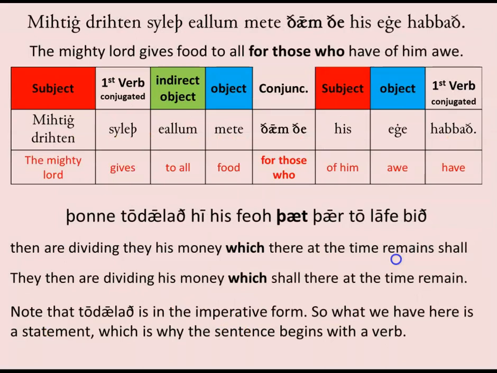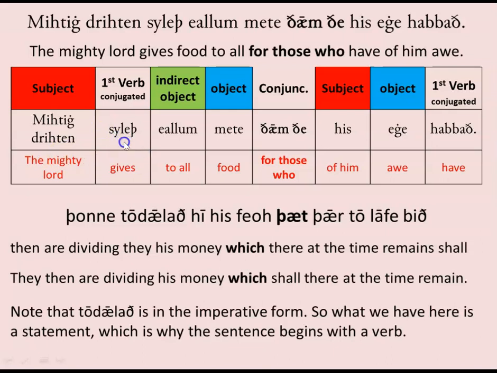derichten sulith erlum meta tham there his habeth. Now, the mighty Lord gives food to all, for those who have of him awe. Okay, so let's deal with this bit by bit. Michti derichten, the mighty Lord. Sulith, gives, conjugated present tense.